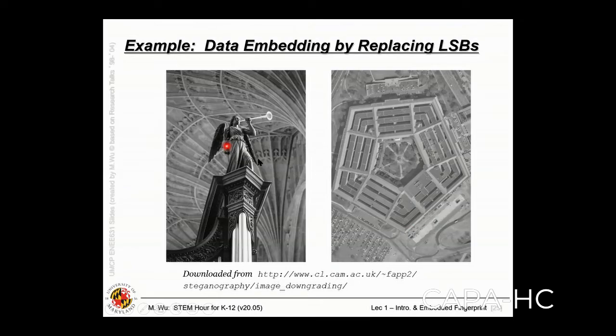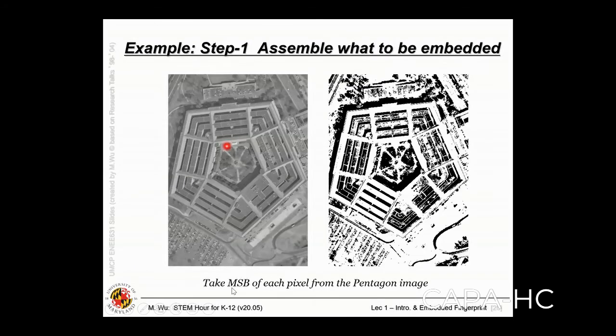And I'm going to keep just the top bits, the most significant bits, in this picture. For every pixel, I only keep 1 bit, and that will be showing up here. So this is almost like I only keep whether this pixel is a brighter one or a fairly darker one, such as in the shadow. So even though I lose the details, the shape of this building still gets kept.